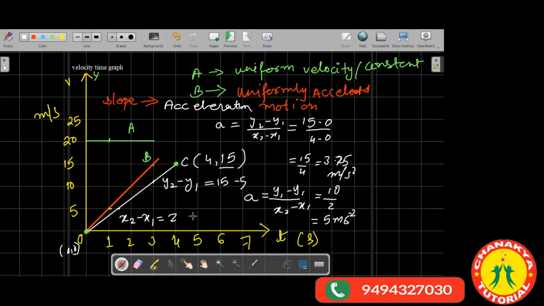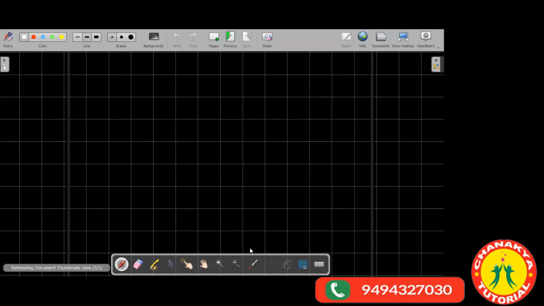So I'm giving you one more question in a similar way. Let us see who can try to find out. It's not calculation. You can easily tell from the graph.